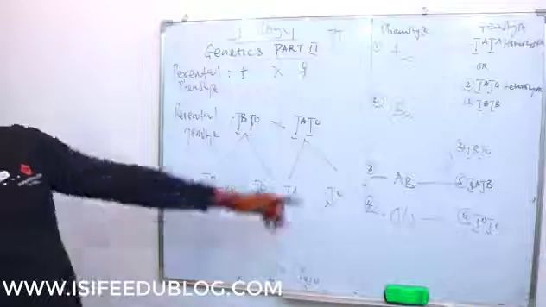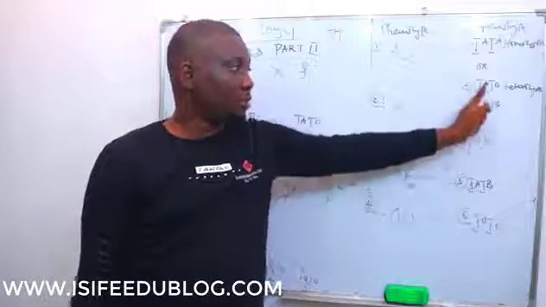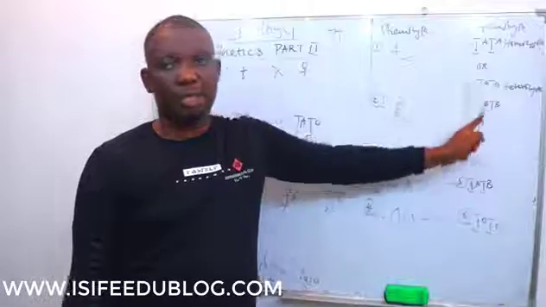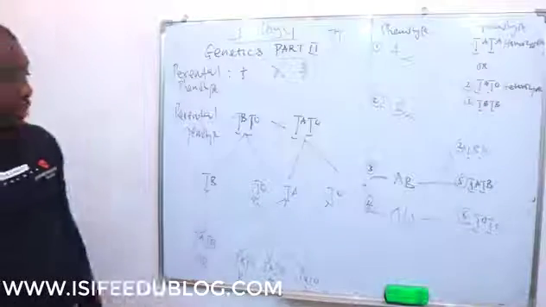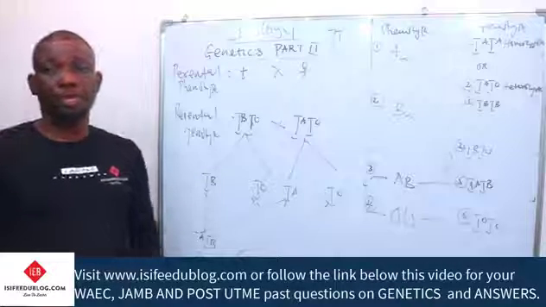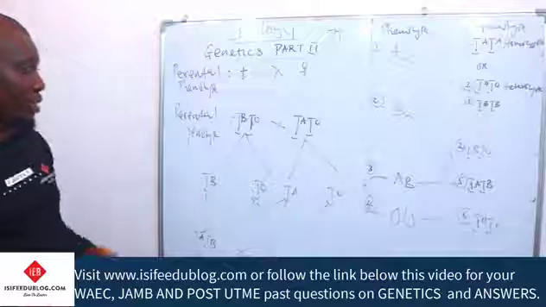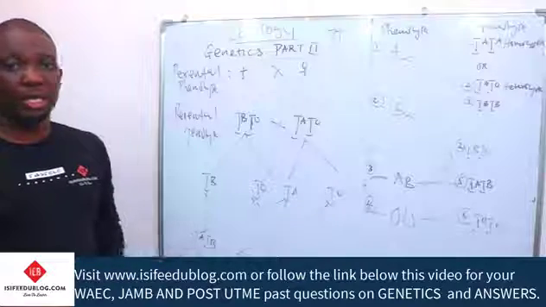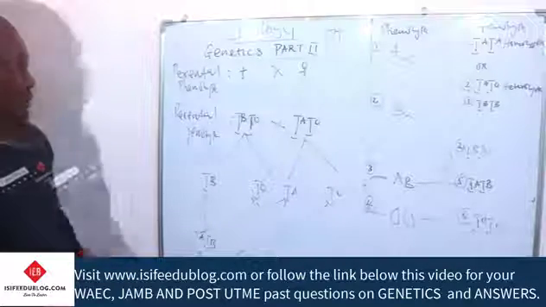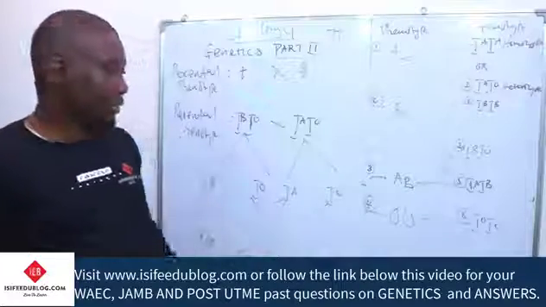What I mean by heterozygote is that their blood group falls under these two categories. But if their blood group falls under these categories, it is not possible that their offspring should be blood group O. Remember, I told you that blood group O is recessive compared to blood group A and blood group B. That is on the aspect of codominance, and other things.